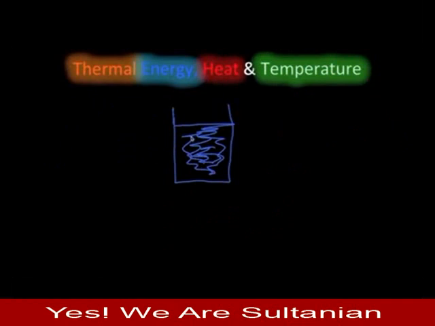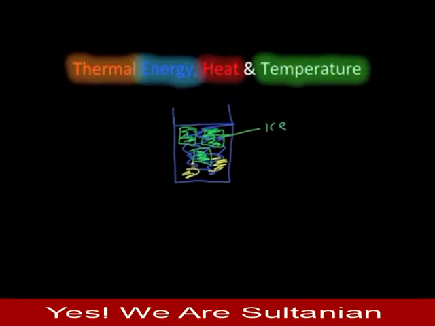If we had a glass of water at room temperature and we added a few ice cubes to it, and we asked you the question, do the ice cubes cool the water down or does the water warm the ice cubes? Well, your answer should be that the water is actually warming the ice cubes because the water molecules are moving faster as they bombard into the slower moving molecules of the ice.